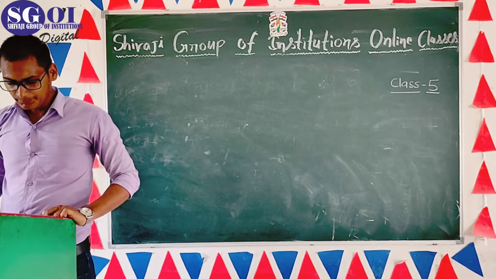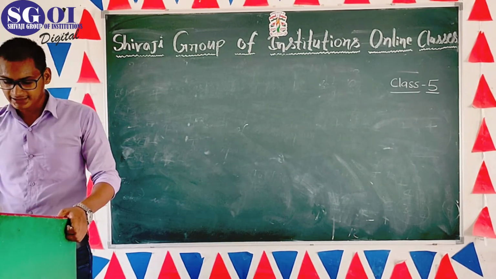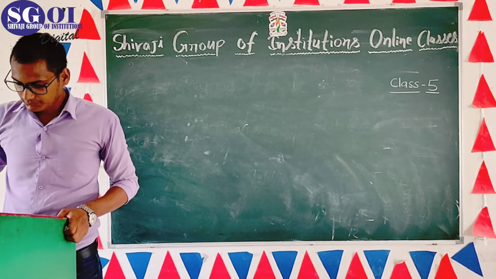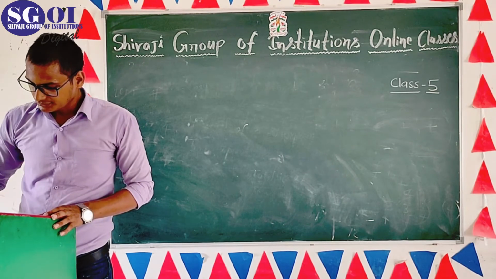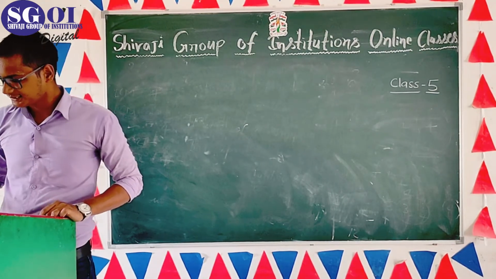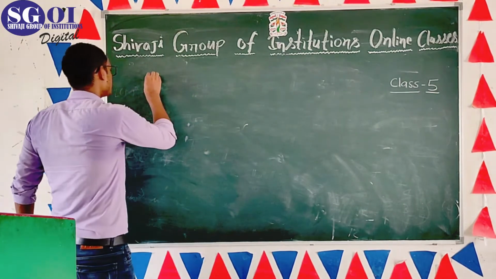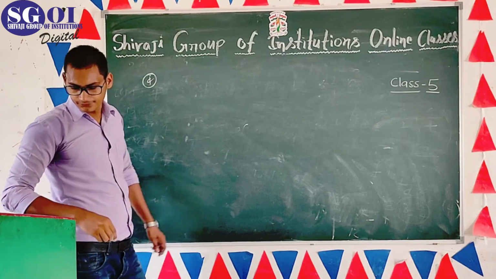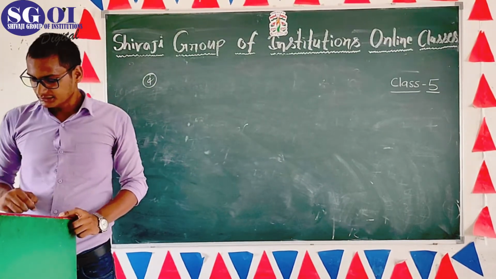Rani bought 3 pieces of cloth measuring 1 whole 5/6 meter, 2 whole 5/8 meter, and 3 whole 7/12 meter. What was the total length of the cloth purchased?